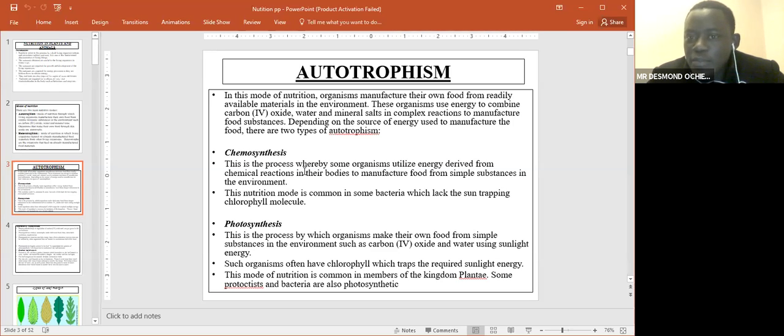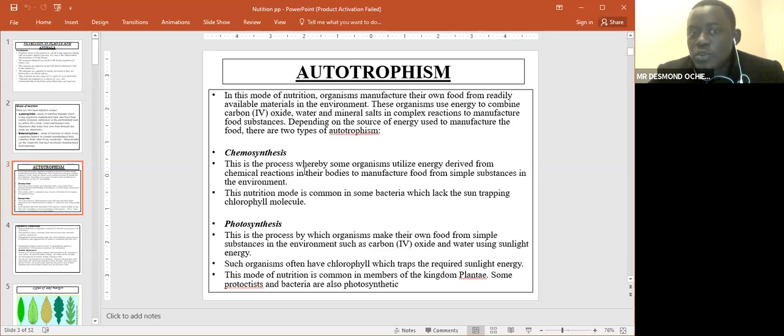So the aspect of energy is brought in again, and you can see that the autotrophs, or these organisms that manufacture their own food from readily available materials, use energy to combine the locally available inorganic materials.